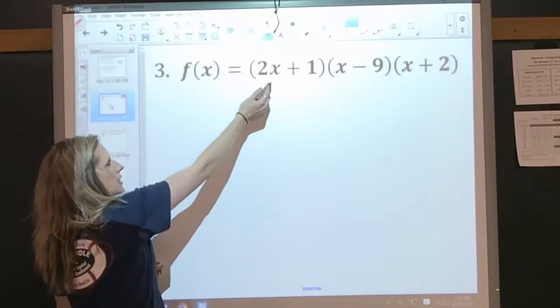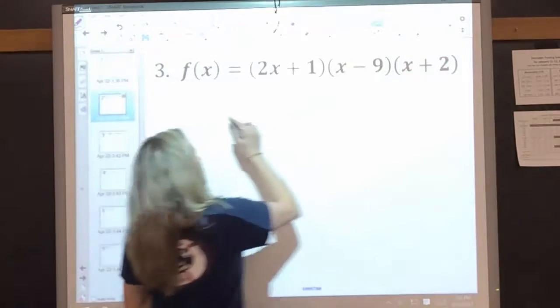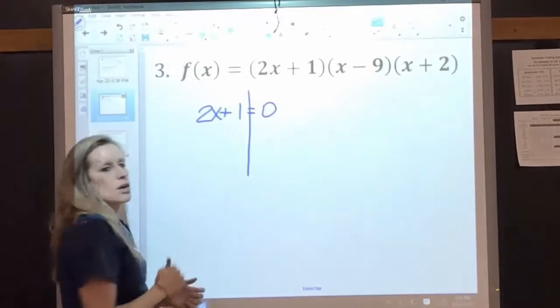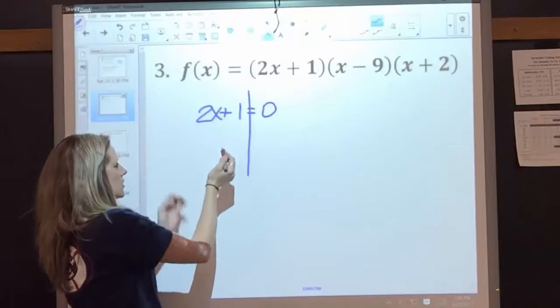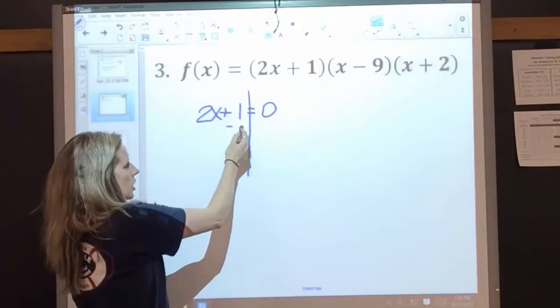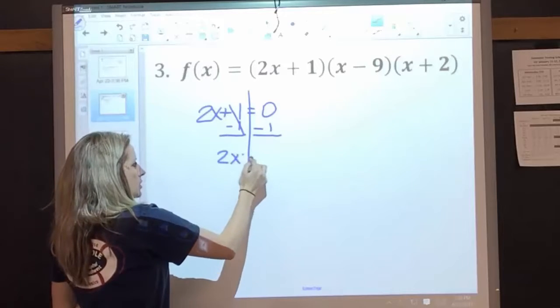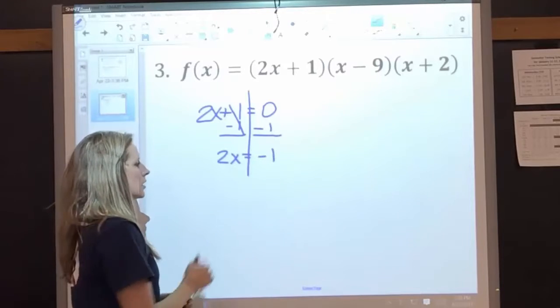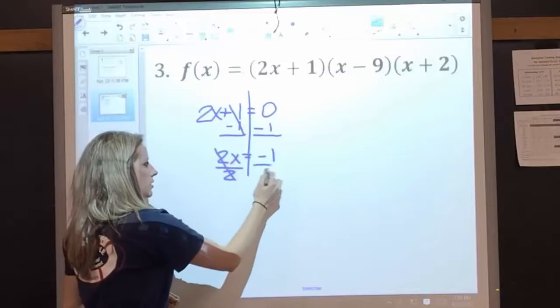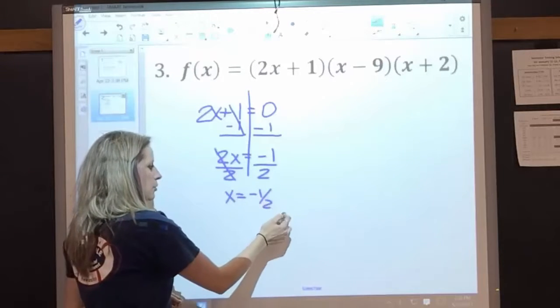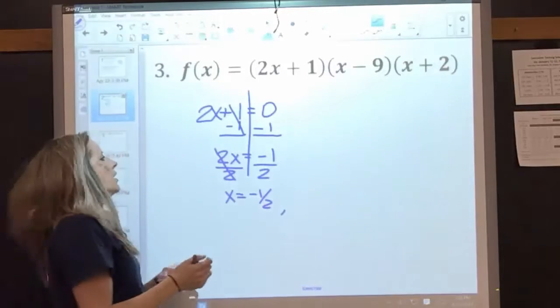So what you can do is take this factor and set it equal to 0 and solve for x. Okay. So save the x for last. I would subtract 1 from both sides. So 2x equals negative 1. Divide by 2. So x equals negative 1/2. That would be one of my solutions.